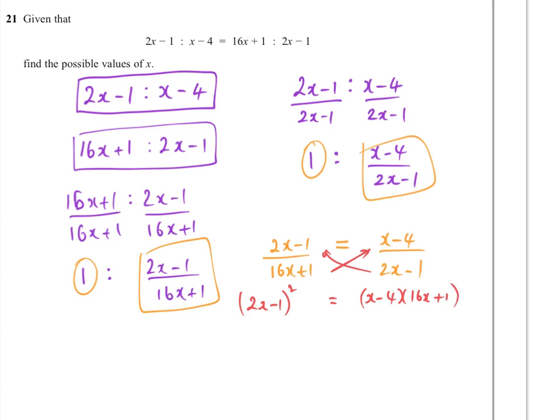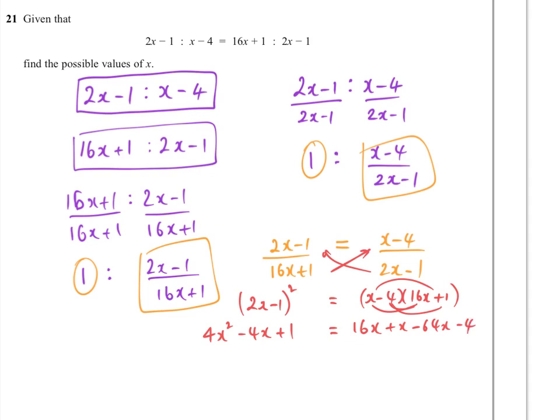That's what we have. Multiply this out, so we'll have 4x squared minus 4x plus 1, and then multiply these out, we'll have 16x squared plus x minus 64x minus 4.